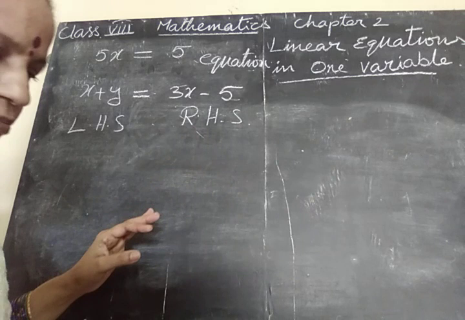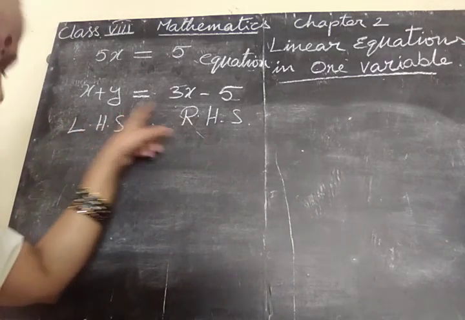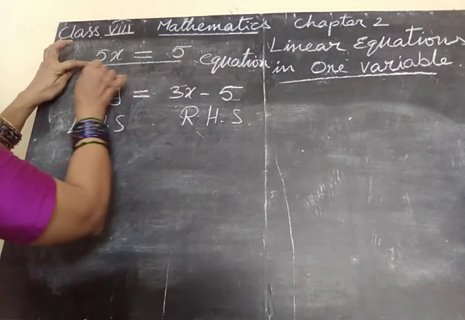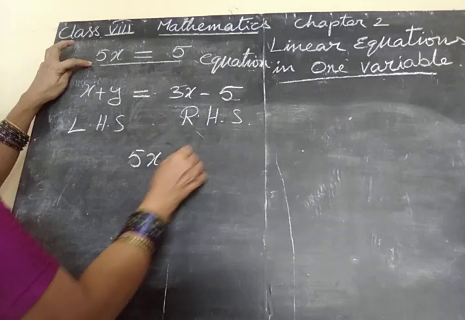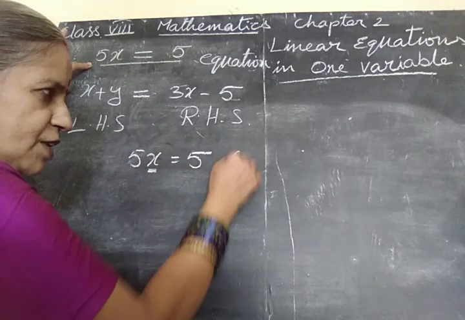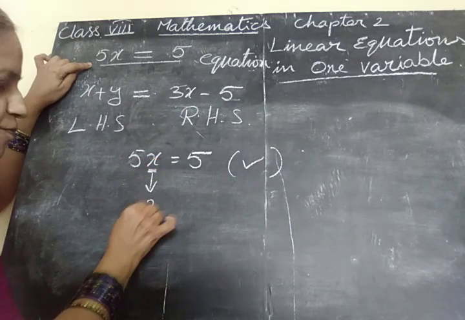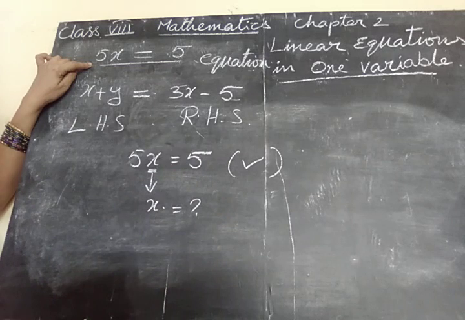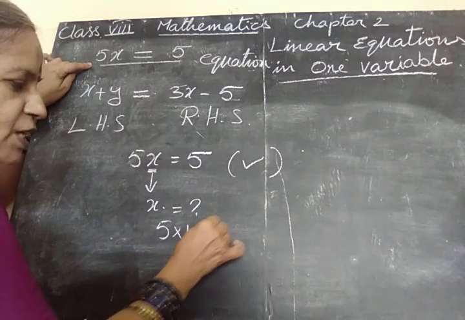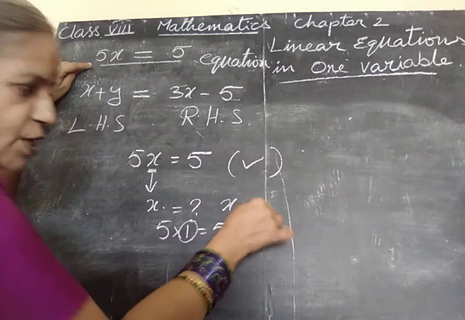Now observe this one. In this equation, 5x is equal to 5. This equation is true for which value of x? What is the value of x? 5 into 1 is 5. So the value of x is 1. x is equal to 1.